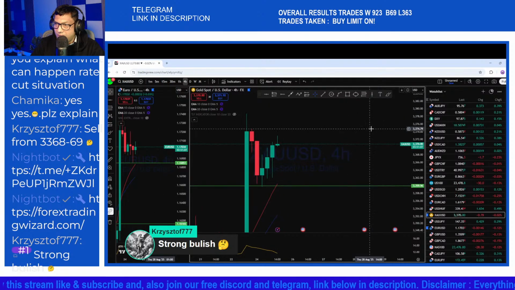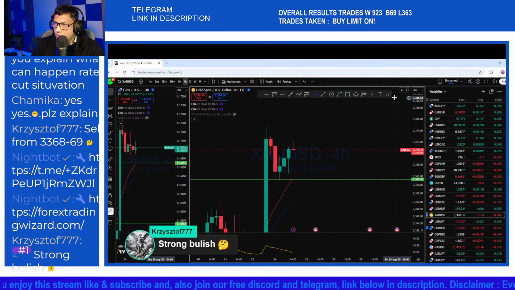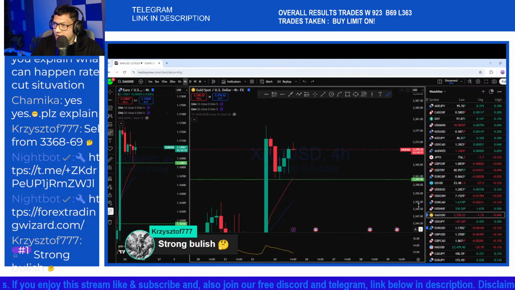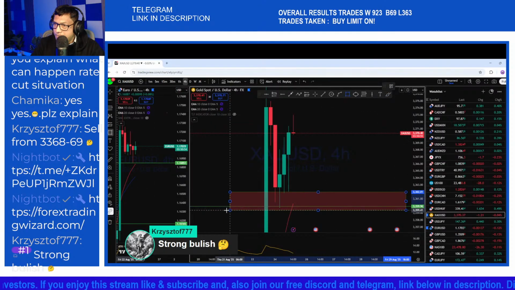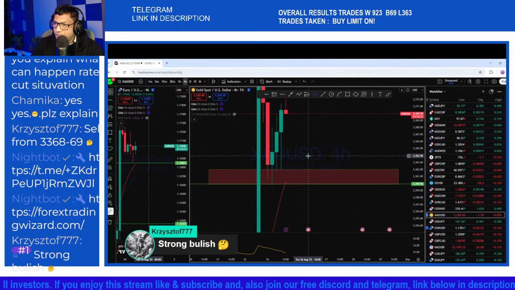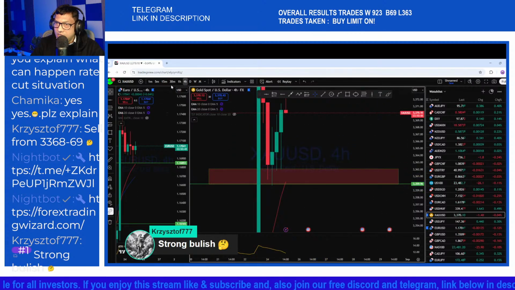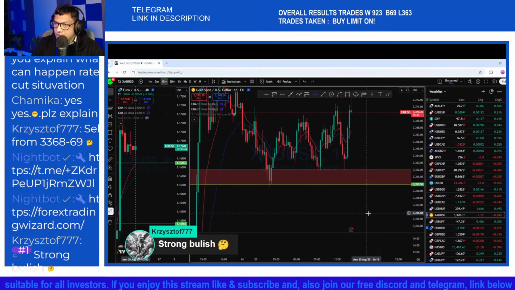And on the 4-hour price action that you can see here, this is a series of higher lows. And if you look here, you can see this is a series of higher lows. This is the current zone, which is another important area of value, another important support that you can see on gold. And this is the current support level.